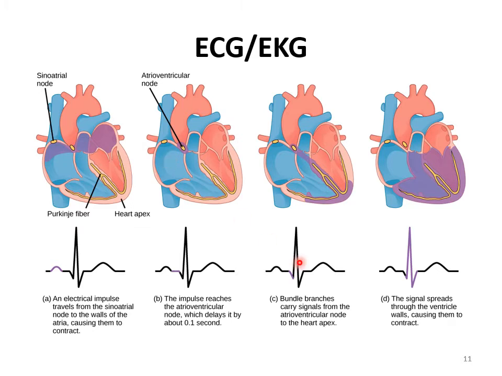And then you have the bundle branches carrying that electrical impulse to then spread all throughout the ventricle walls to contract and push the blood out of the heart. Okay, and the EKG or the ECG is basically going to see if that's functioning the way that it should, or if your heart rate and the electrical impulses are out of whack.